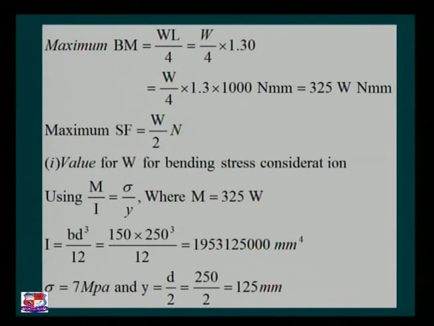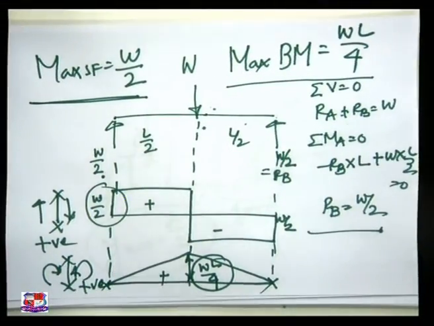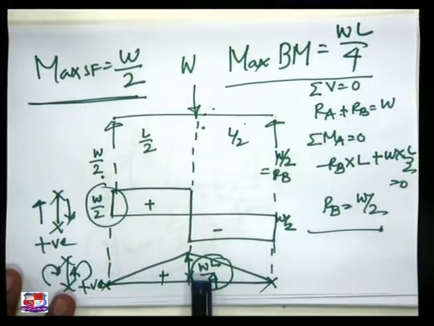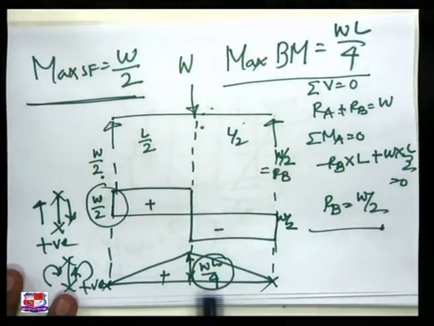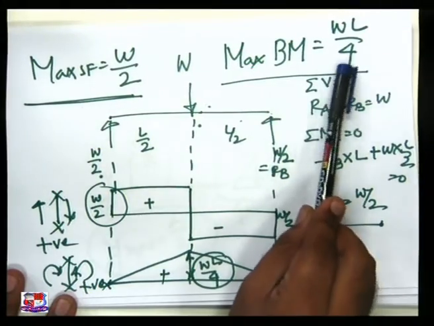Now, maximum bending moment permitted in this case is WL by 4. Please refer to the previous tabletop figure. This is my bending moment diagram. Maximum bending moment acting at the center is WL by 4.